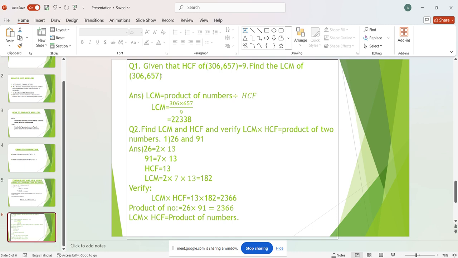Okay. Sometimes three numbers are given, and at that time this is not satisfied. LCM into HCF equals the product of three numbers is not satisfied. Only when two numbers are given does LCM into HCF equal the product of the two.